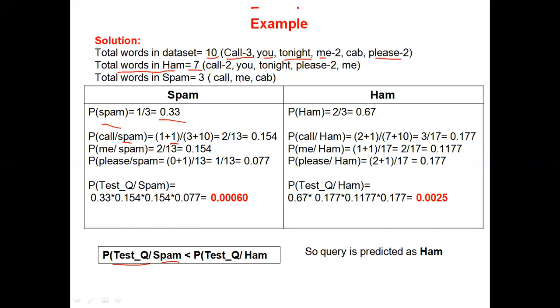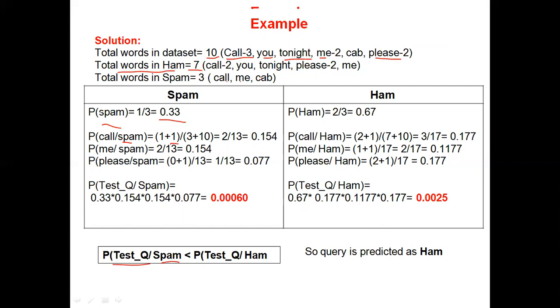If we consider the 0 count for one of the words, that term will become 0 and it will lose the information. That's why to avoid this problem, we use the 1 in the numerator everywhere, not in only one probability term, but in all the terms, right?